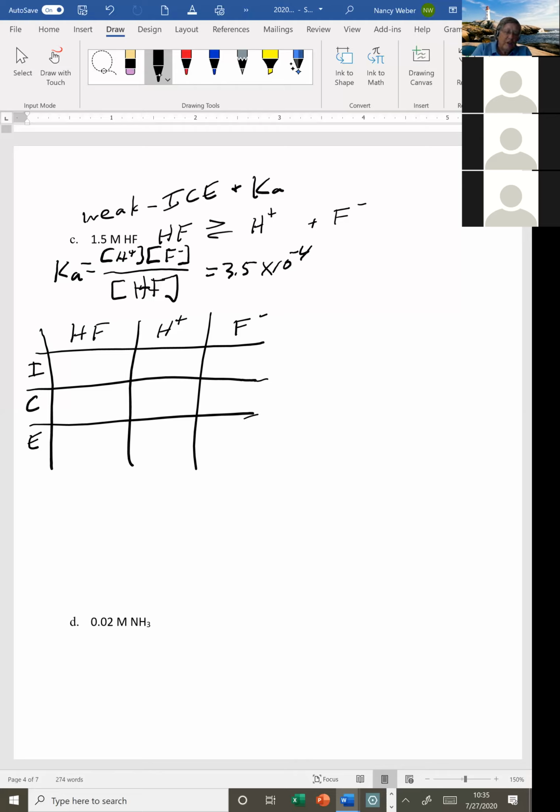Initial concentration is 1.5 molar. Initial concentration of the ions is 0. We're going to form x. The stoichiometry tells me that it's 1 to 1 to 1. So I get my change. Then my equilibrium concentrations will be those values.